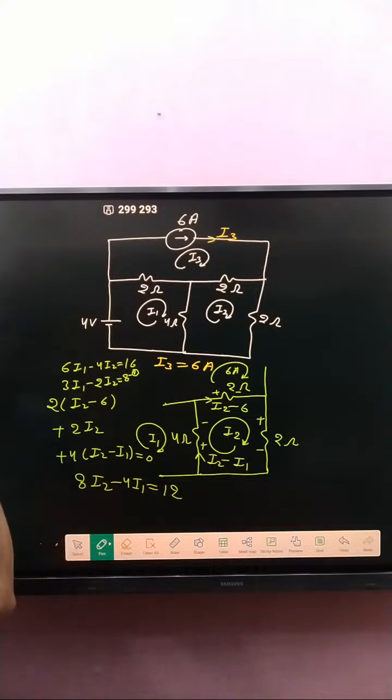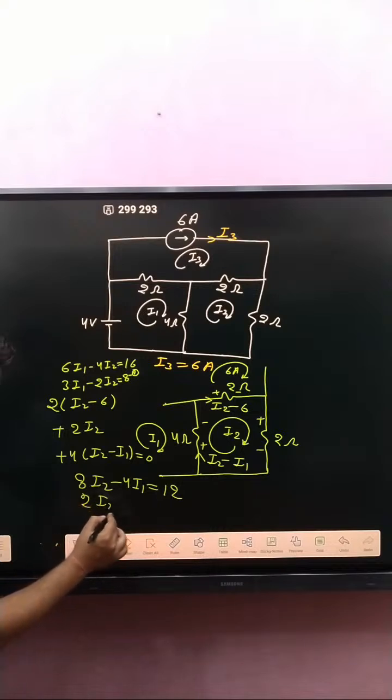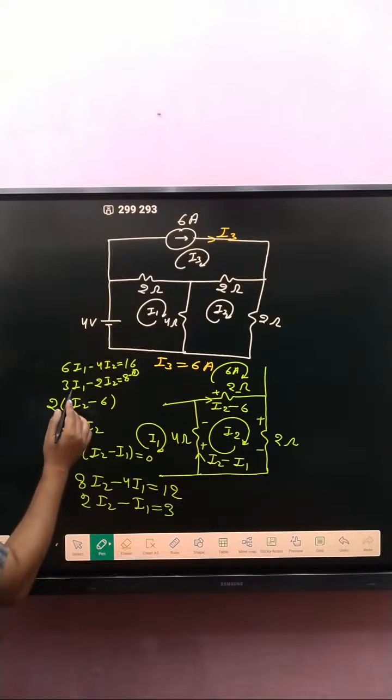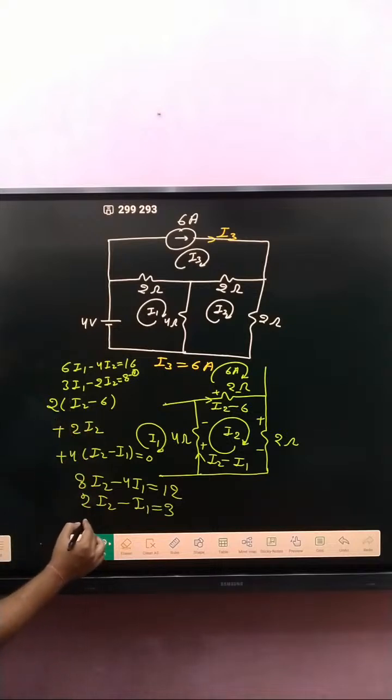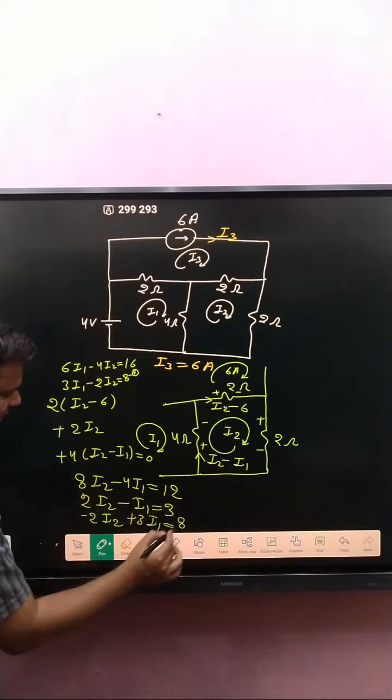Divided by 4, we get 2 I2 minus I1 is equal to 3. And this one is written as minus 2 I2 plus 3 I1 is equal to 8.